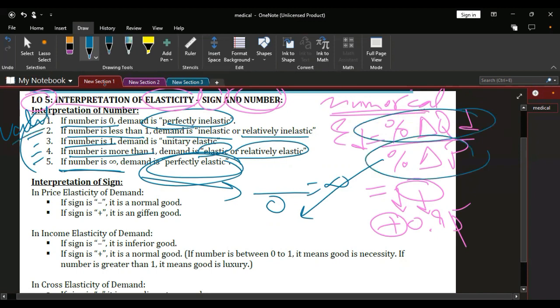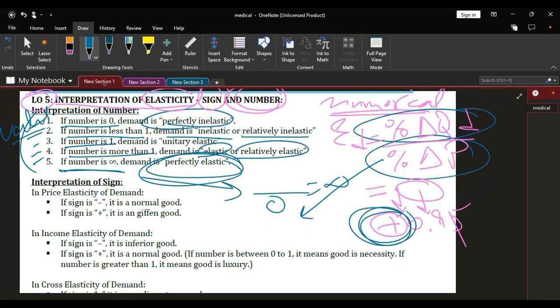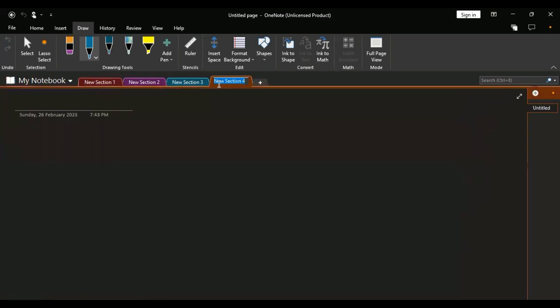Now move to the other interpretation, that is through the sign of the numeric value. The numeric value is already explained, and the sign is this: if the sign is negative in price elasticity of demand, you already know that price and quantity demanded are inversely proportional.